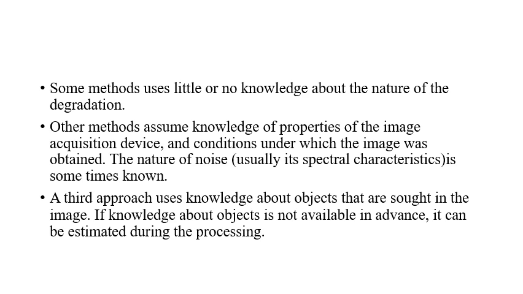I'm going to classify three groups. The first group of methods uses little or no knowledge about the nature of the degradation, so there is actually no a priori knowledge. The second group assumes knowledge of the properties of the image acquisition device, for example what kind of sensors or cameras you are using, and the conditions under which the image was captured.